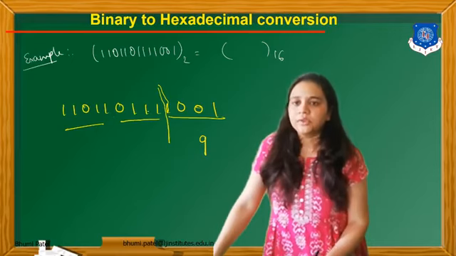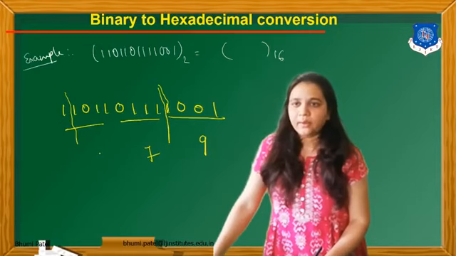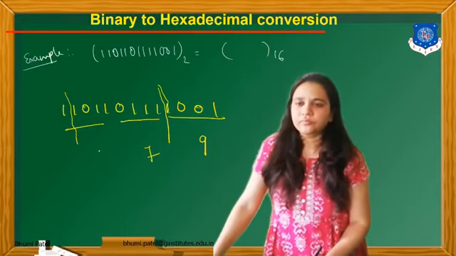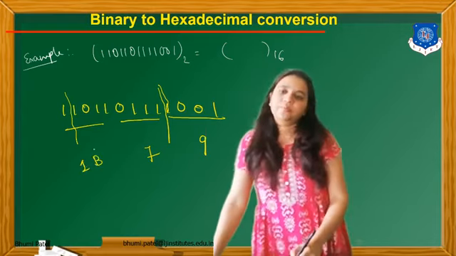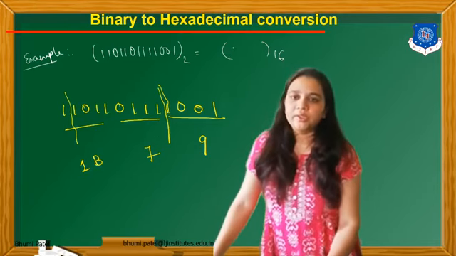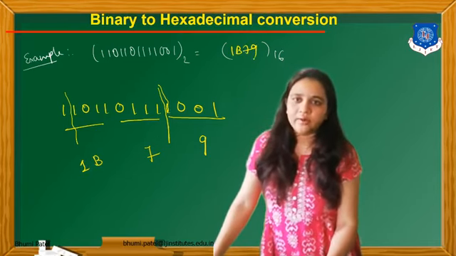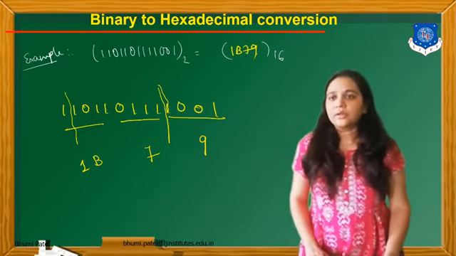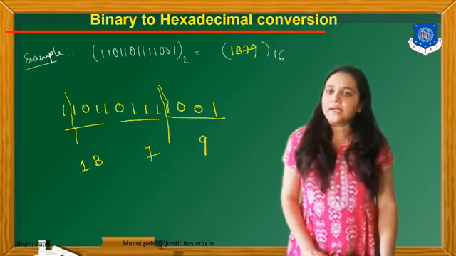This 4 means 8 4 2 1, which gives 7, and this 4 is 1 0 1 1, which is 11, so we have to write B, and this is 1. Okay, so 1B79. This is the conversion of binary to hexadecimal.